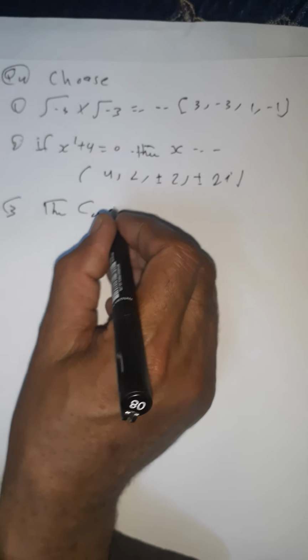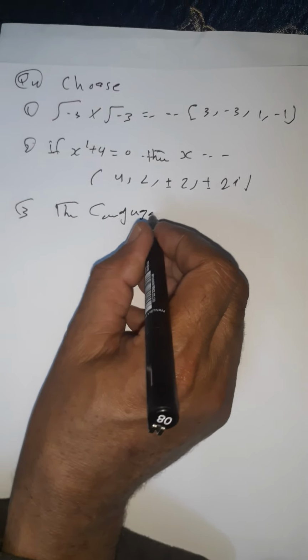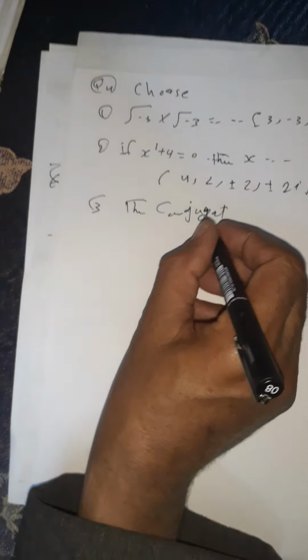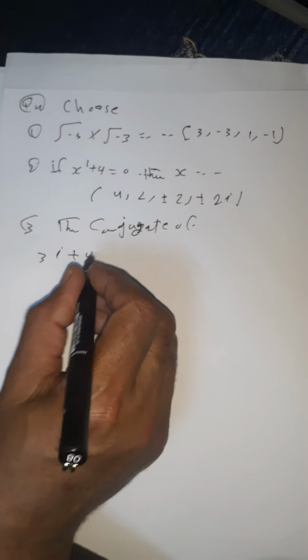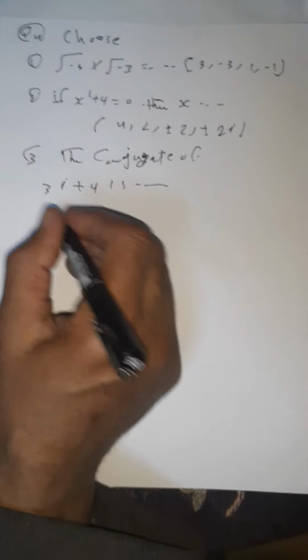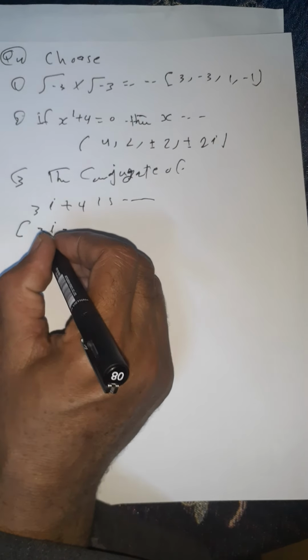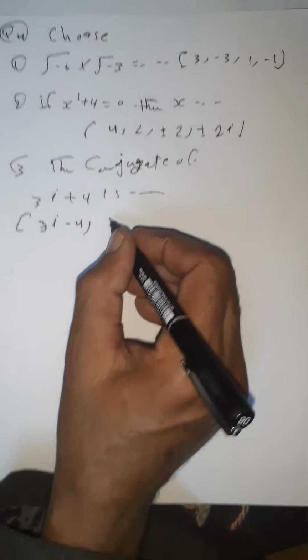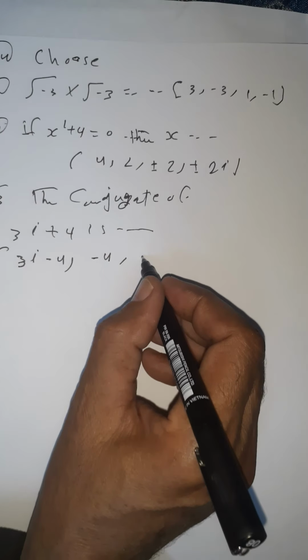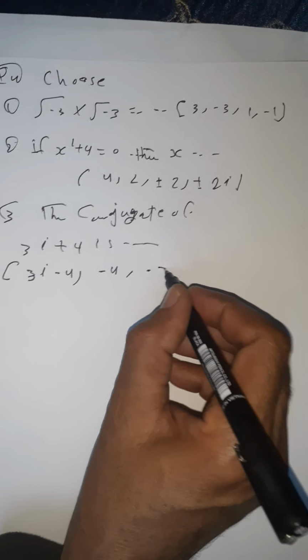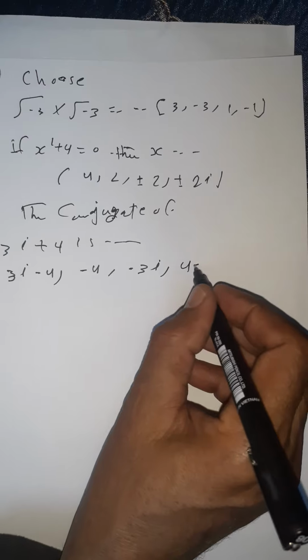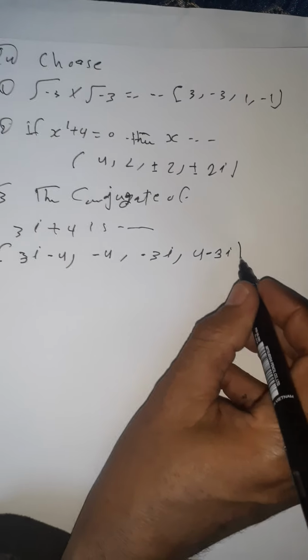Number 3, the conjugate of 3I plus 4 is, choose between 3I minus 4 or negative 4 or negative 3I or 4 minus 3I.